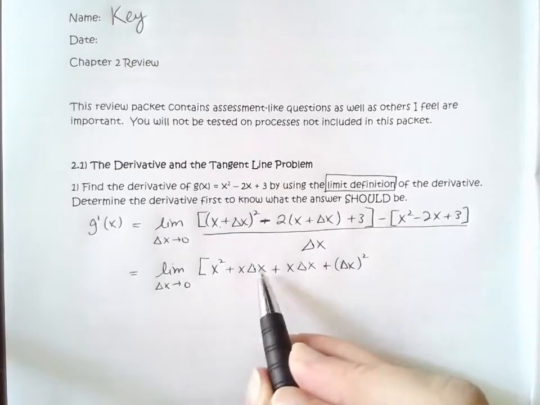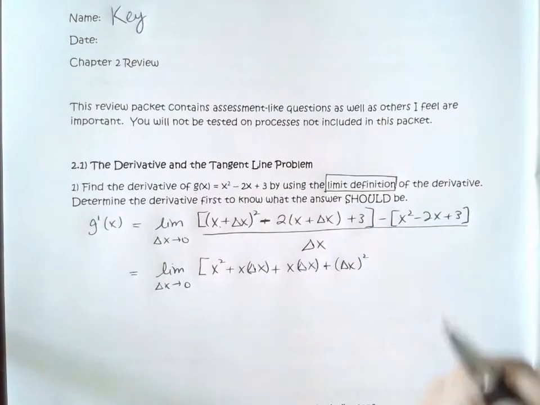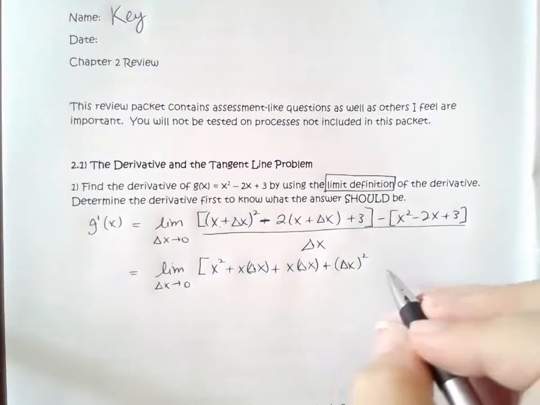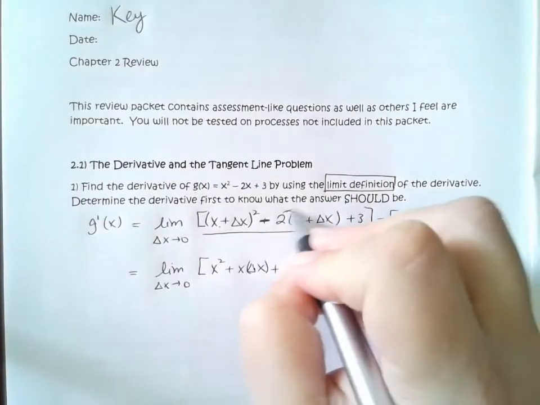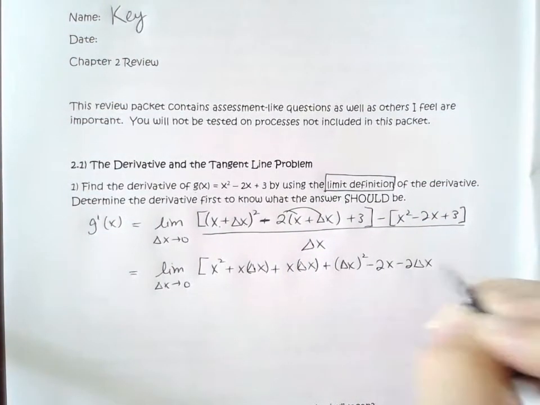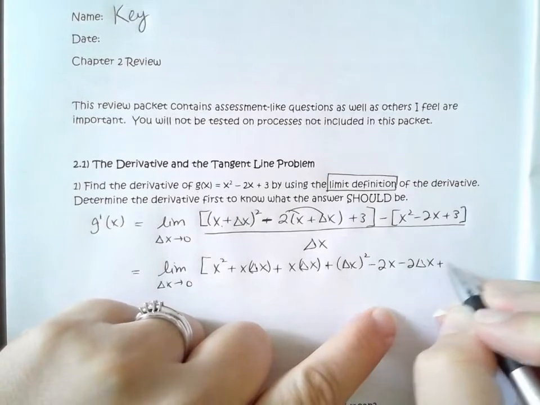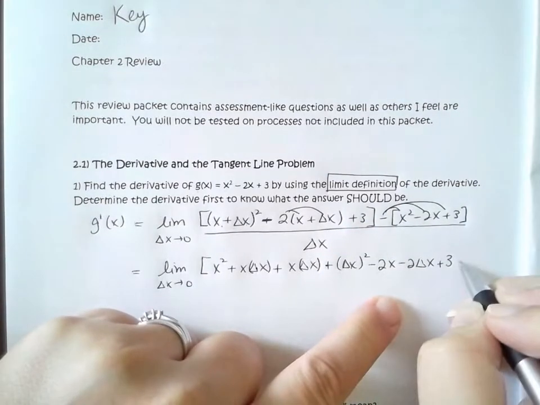Every time you see delta x, it's its own individual variable. It's not delta times x. So keep that in mind. I'm going to distribute this while I'm here, and I'm going to distribute this negative as well.